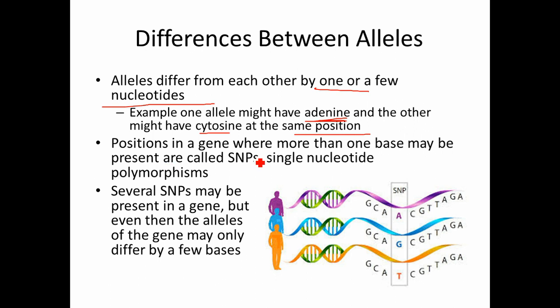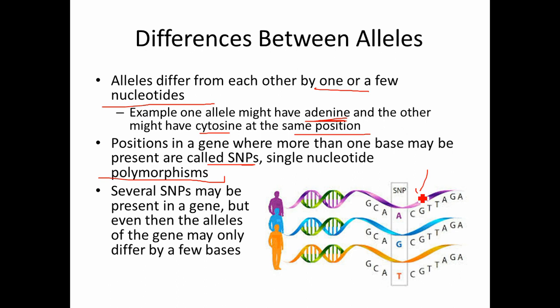Positions in a gene where more than one base may be present are referred to as SNPs, single nucleotide polymorphisms. So a lot of words there, so just a single nucleotide where you can have different nucleotides present. So poly meaning many, morphisms meaning changes. So many changes in that single nucleotide area.